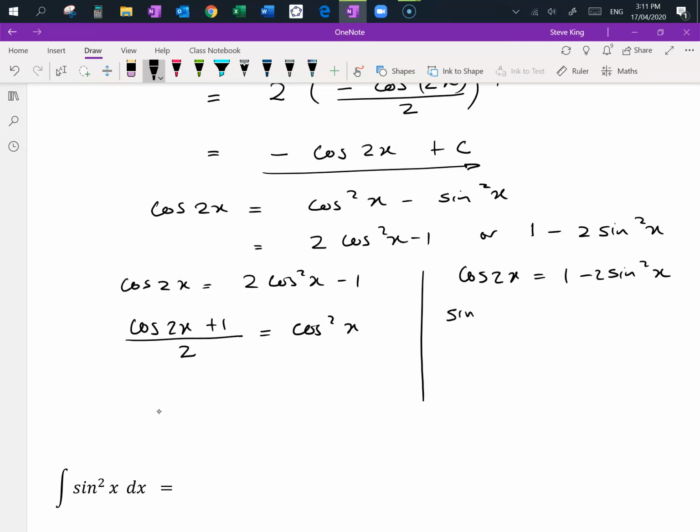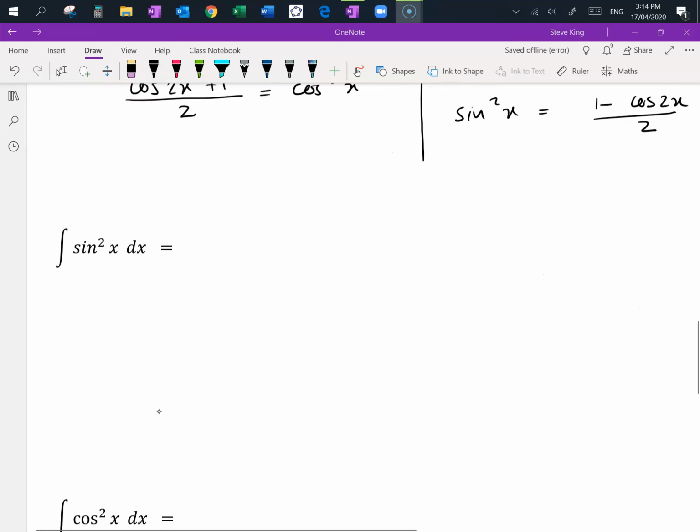So 2 sine squared x is going to be 1 minus cos of 2x, and so sine squared x can be rewritten as 1 minus cos 2x all over 2. So when I come up with the integral of sine squared x dx, I'm going to have to work with this part over here.